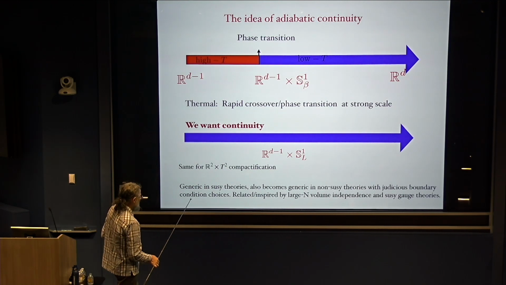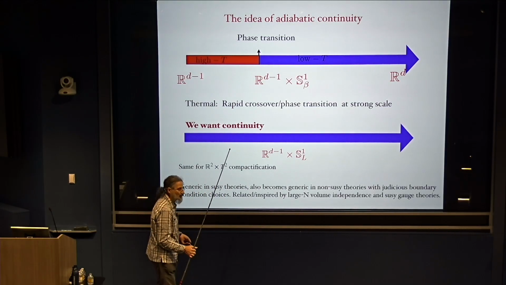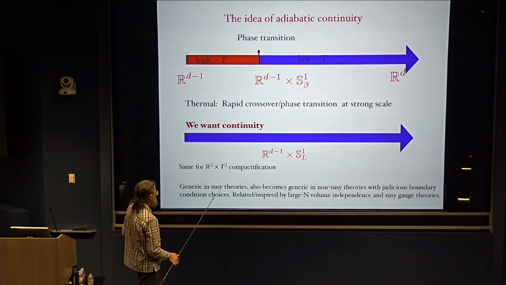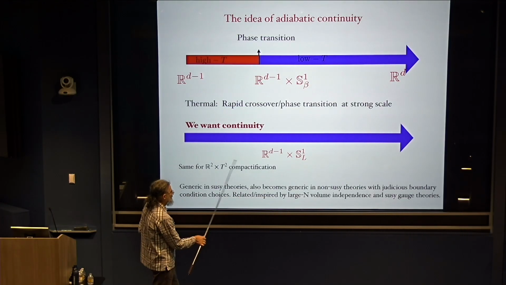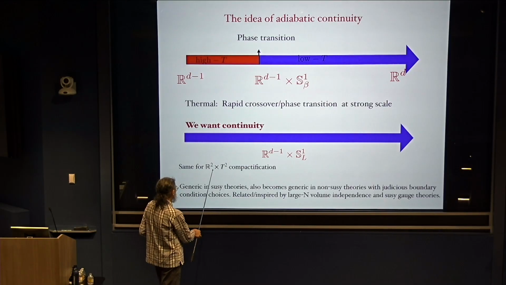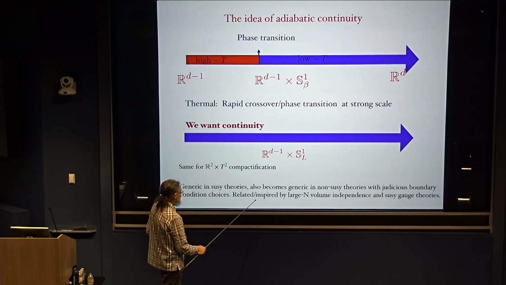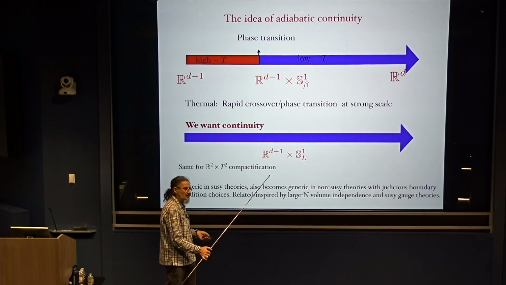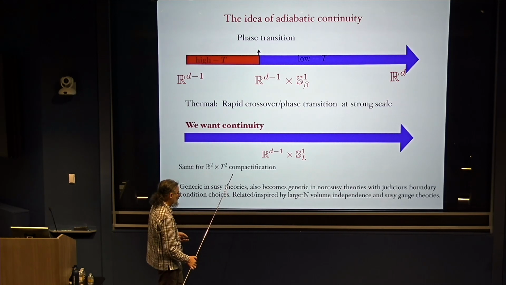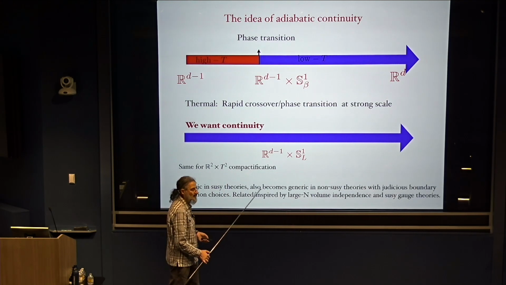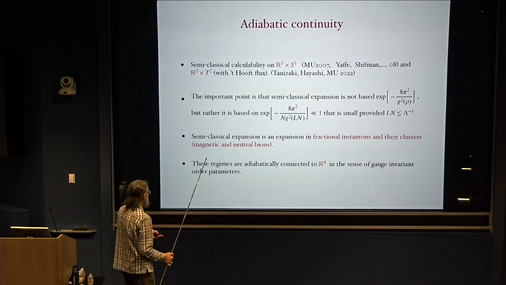But then we came up with many non-SUSY theories with judiciously chosen boundary conditions, crucially non-thermal, where this idea holds. And you can make it work not only on R3 times S1, but also on R2 times T2. And in conjunction with the earlier part of the conference, this is intimately related to the idea of large N volume independence of Eguchi and Kawai.